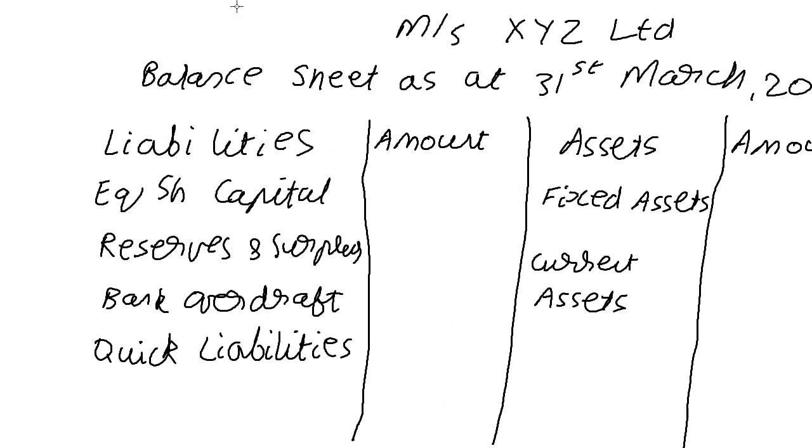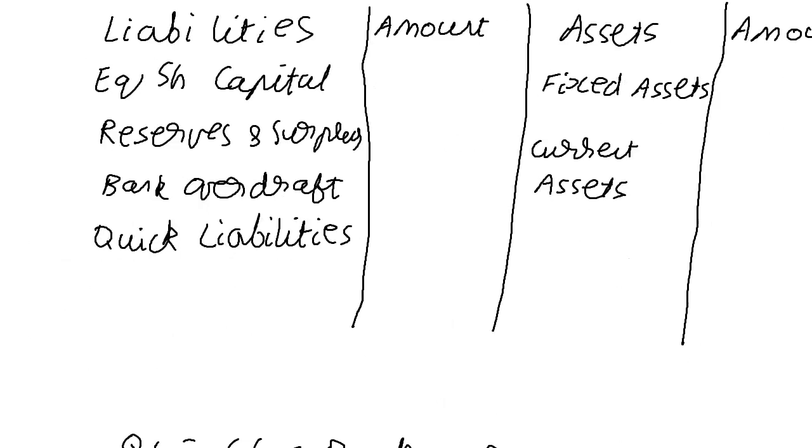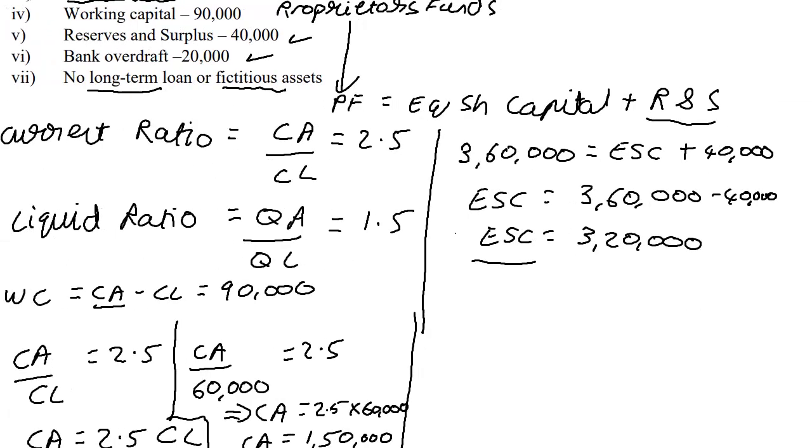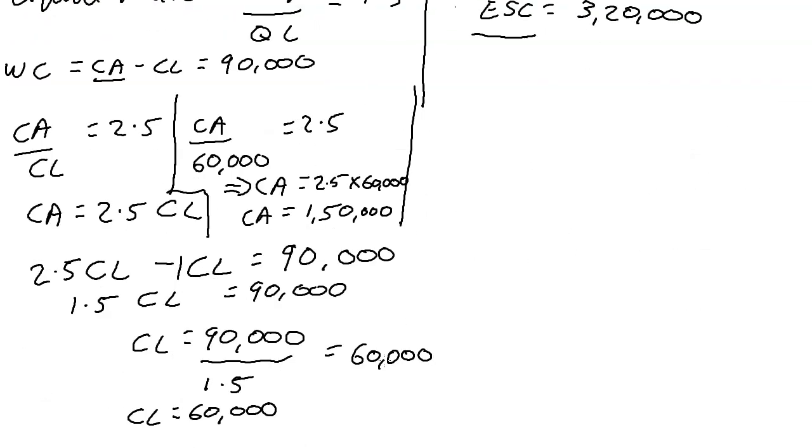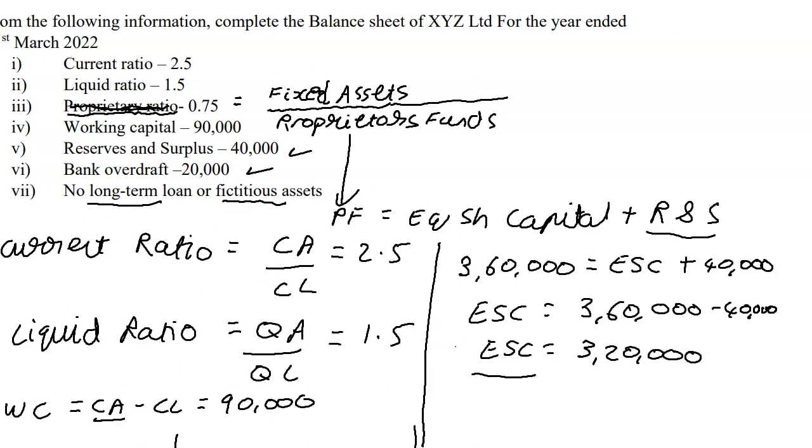Now we are in a position to fill up the data based on the answers that we already have. We have current assets and current liabilities. Our current assets is 1,50,000, current liabilities is 60,000. Bank overdraft is 20,000.